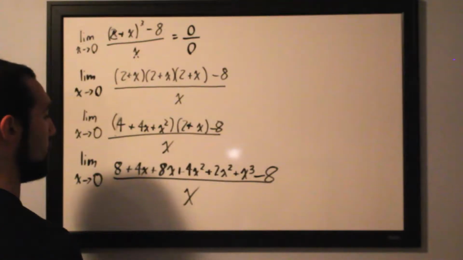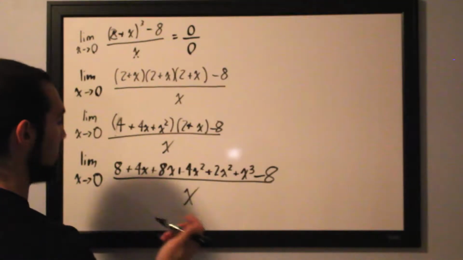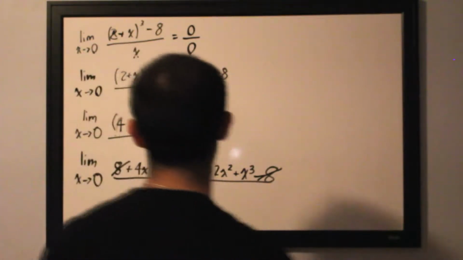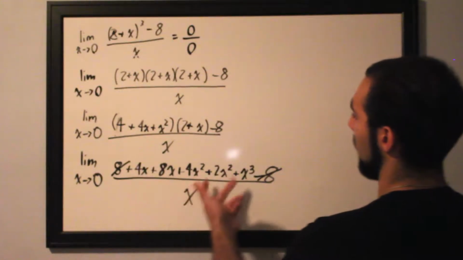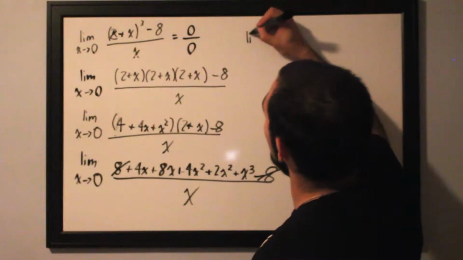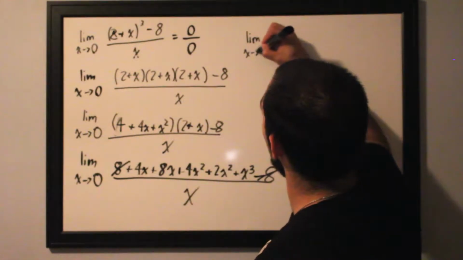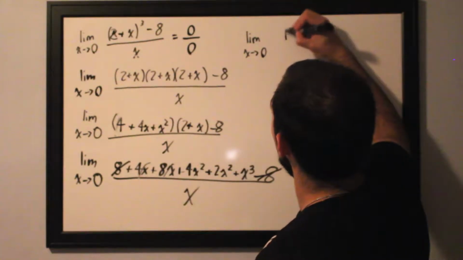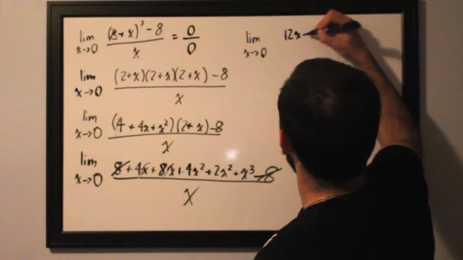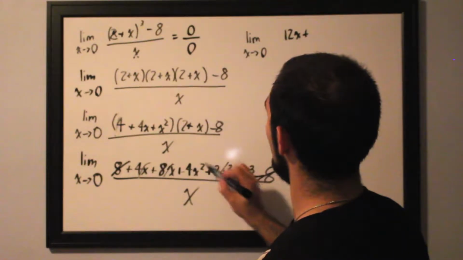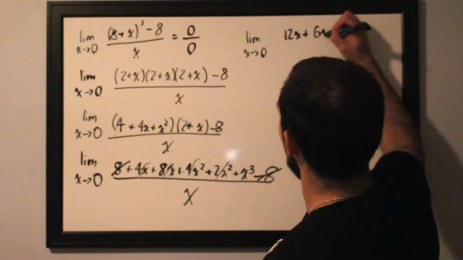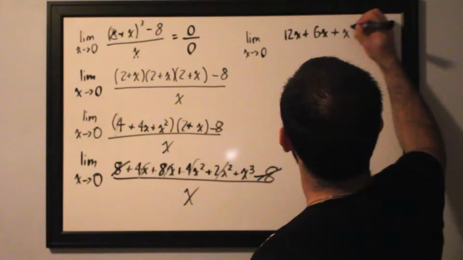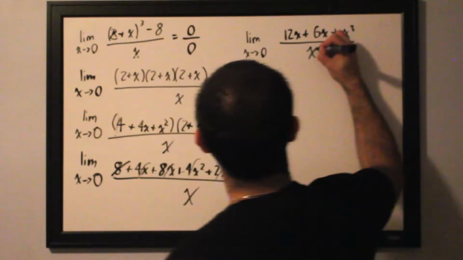Now we can cancel out a couple of common terms and join the like terms together, so we can cancel out this 8 with this minus 8, and we can join these x terms right over here and these x squareds. So we're going to take the limit as x approaches 0 for these two joined together to make 12x, and these squared terms join to make 6x squared, and this term is left on its own, so it's going to be x to the third all over x.